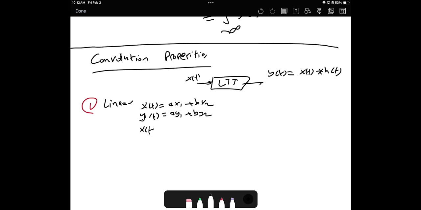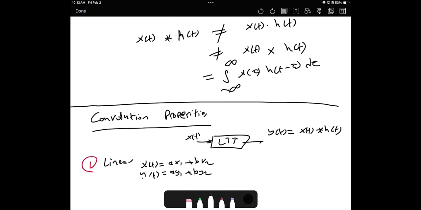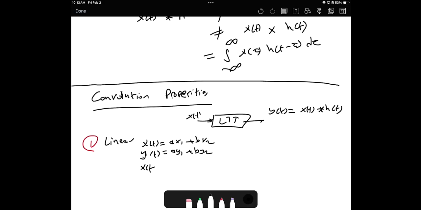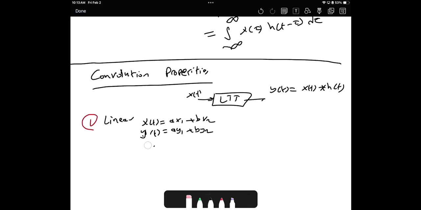Now let's substitute x of t as a x1 plus b x2.